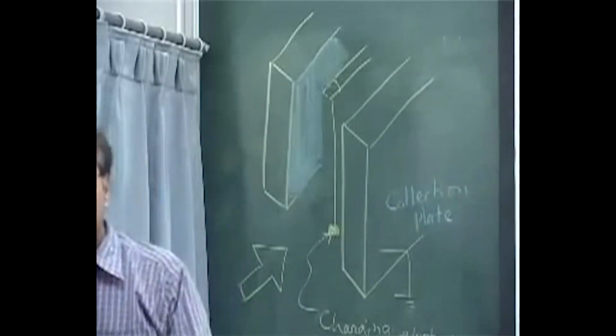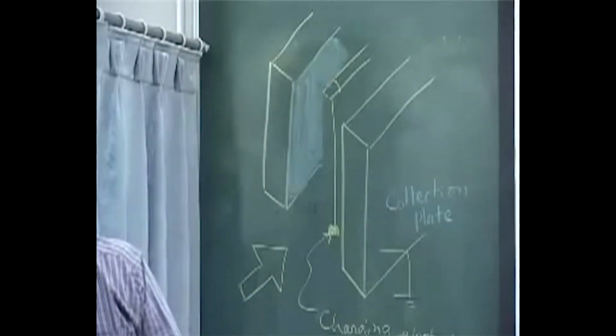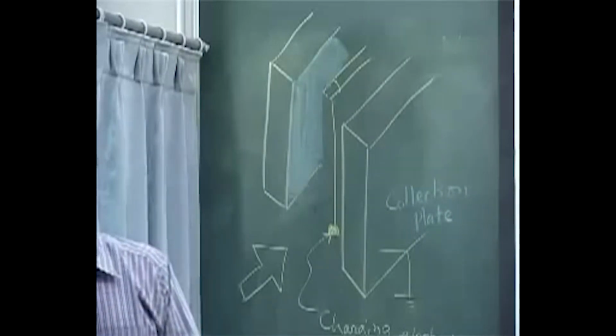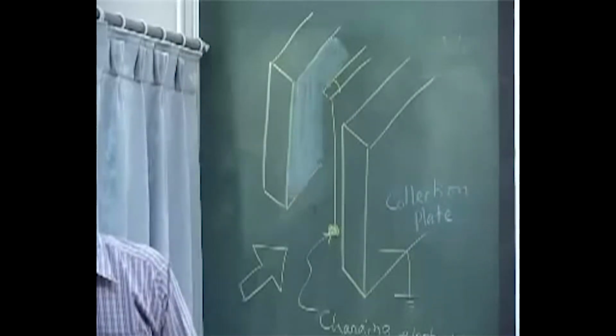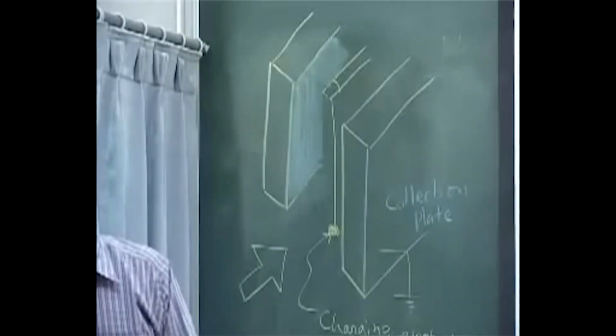It is required that dust must also be charged. Dust need not be positively charged. Why should dust be charged? So what is the mechanism of an electron being attached to the dust?